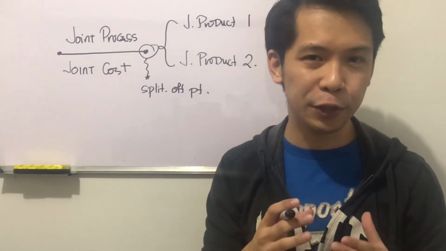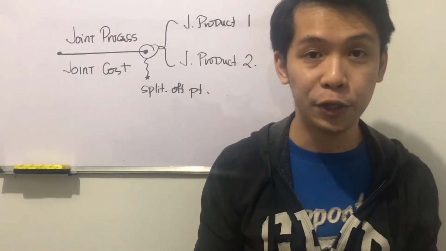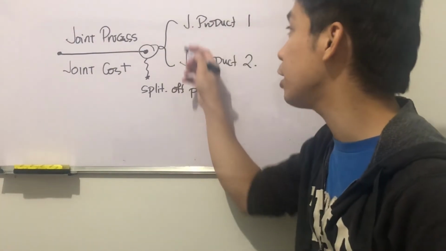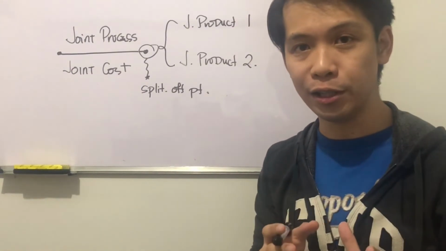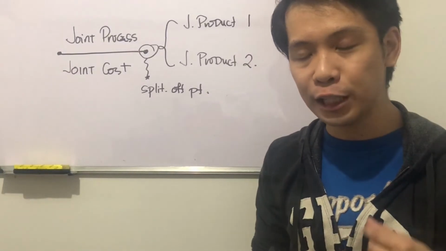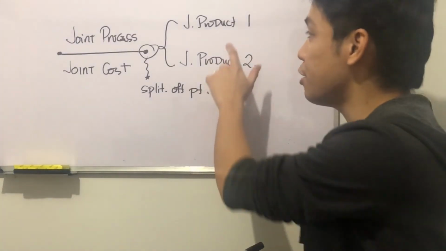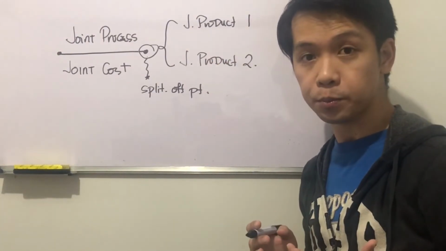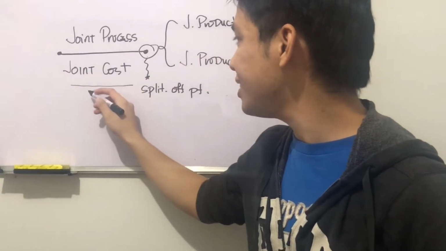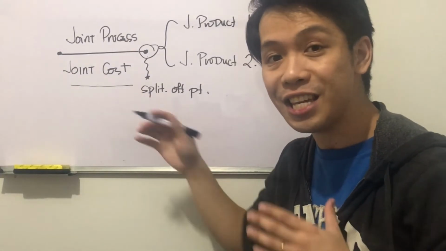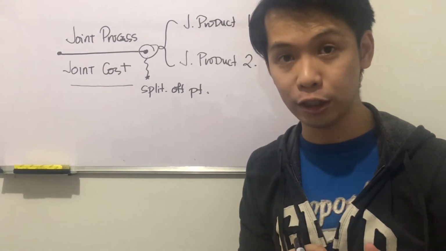Now, in sell or process further types of decisions, the decision of whether to sell or process further would happen when the products are already identifiable from one another. As a result, this decision is presumed to be made at the split-off point, where we can identify JP1 and JP2. Hence, joint costs, considering at this point it is already incurred in the past, will now be considered as a sunk cost.